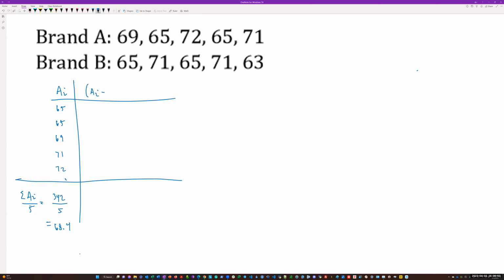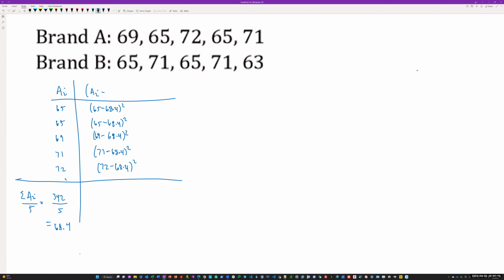All right, so now we need to do this though. I would have to do 65 minus 68.4 squared, 65 minus 68.4 squared, 69 minus 68.4 squared, 71 minus 68.4 squared, and then 72 minus 68.4 squared.